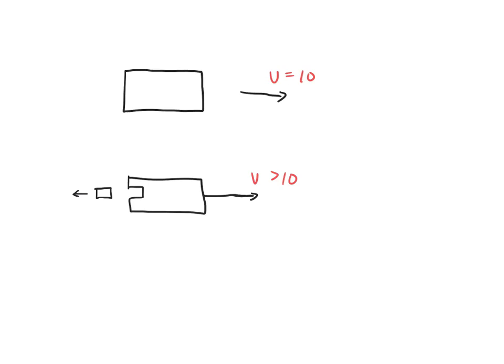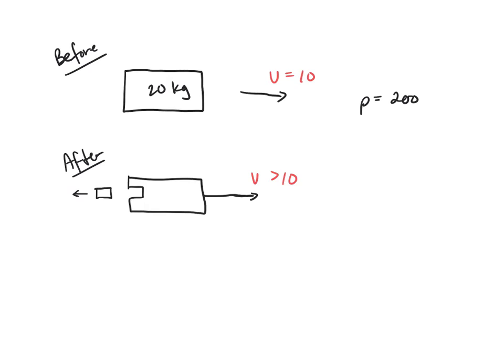So the concept is this: it's got some momentum to start, whatever the momentum is. Let's say that the mass of this is 20. So we have a momentum of the system of 200 to start. And then after the explosion, we have to consider what's happening.